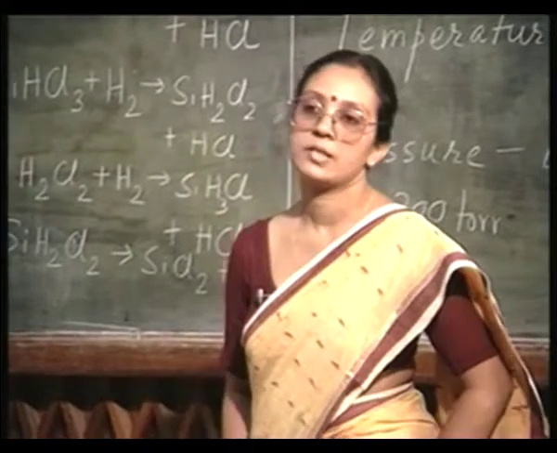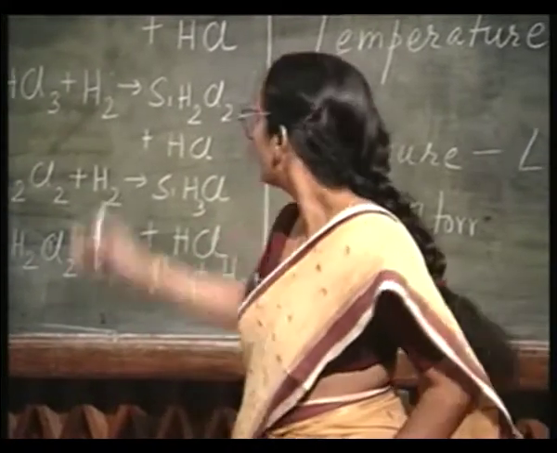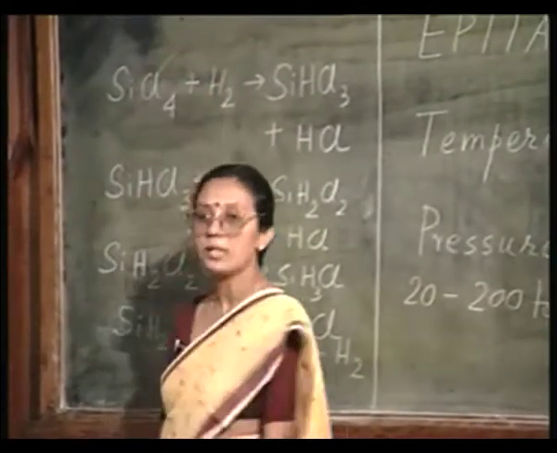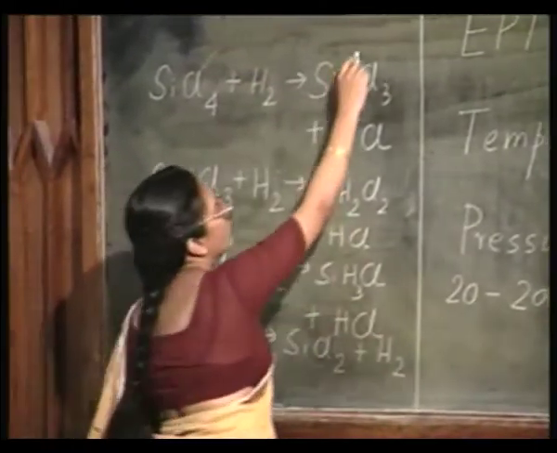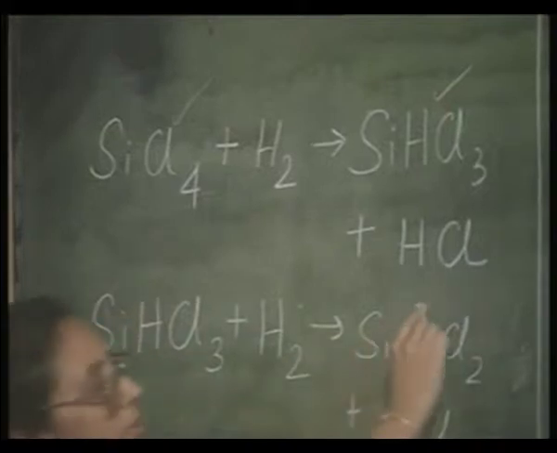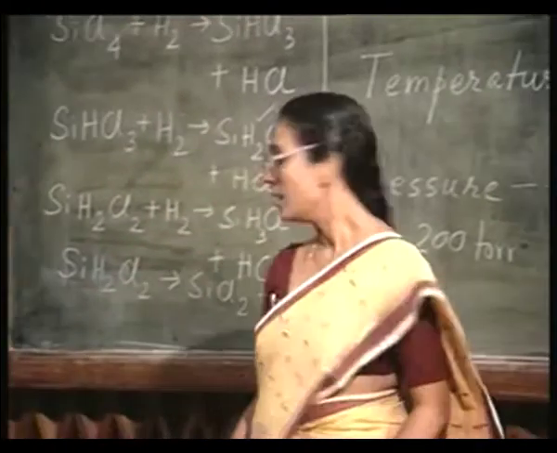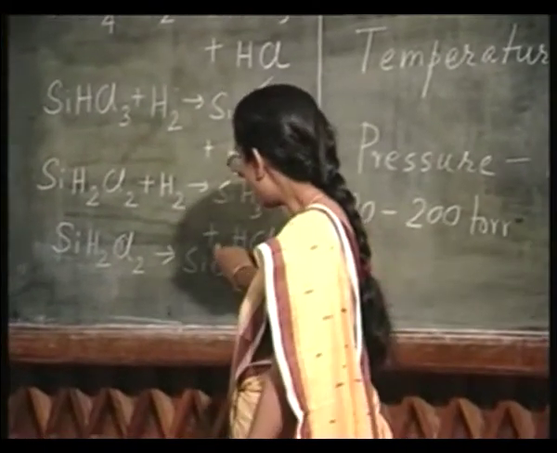That is why your starting reactant can be silicon tetrachloride, or it can be SiHCl3, or it can be SiH2Cl2, because all of them will eventually give rise to SiCl2.